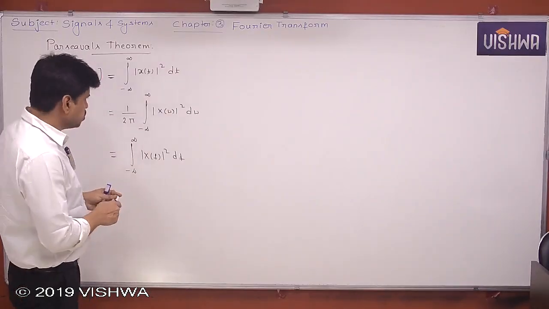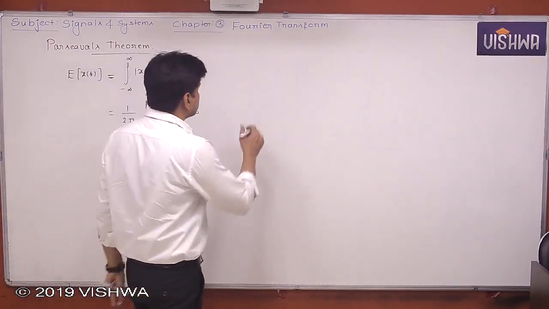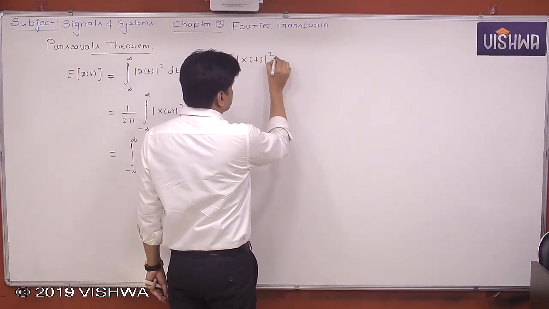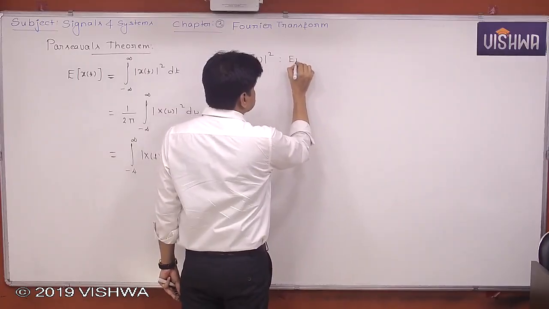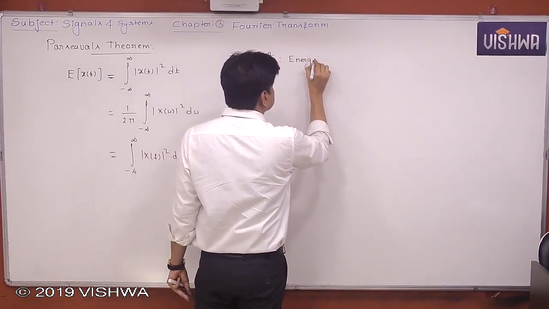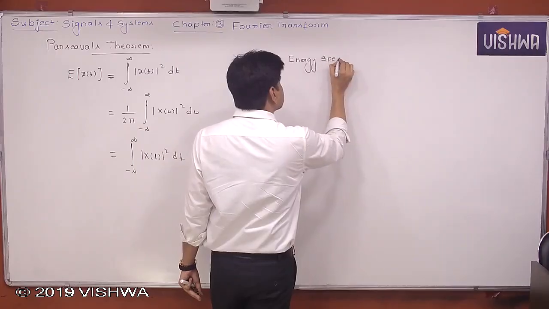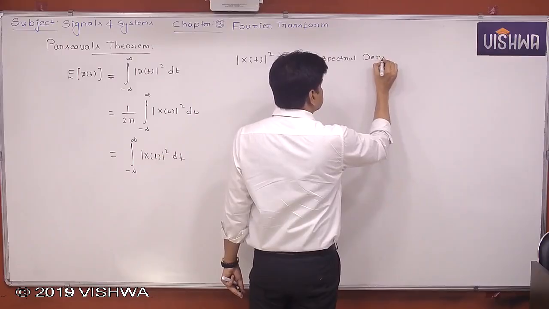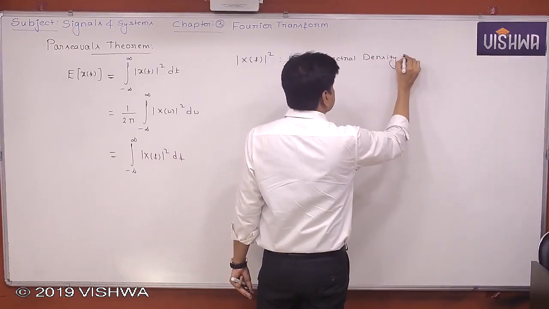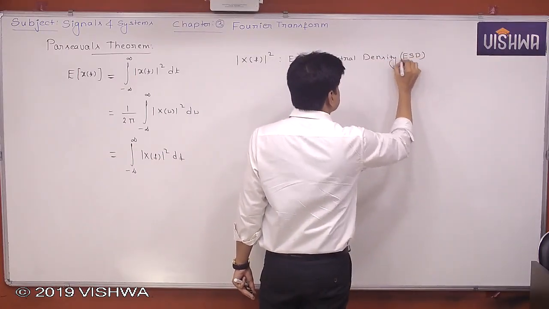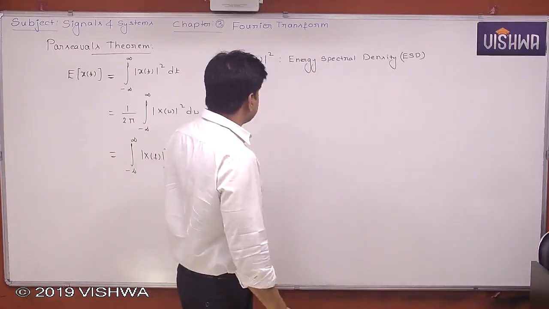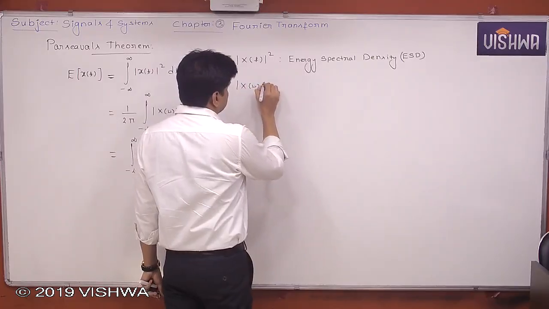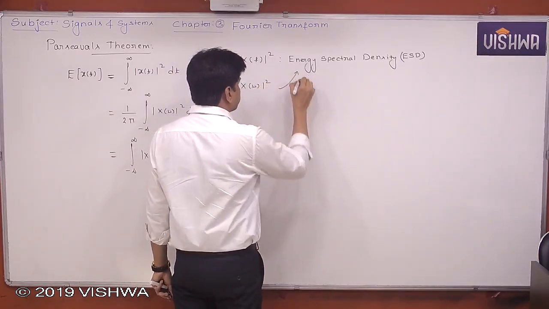So I hope you understood. Mod x of f whole square is called energy spectral density, ESD. Sometimes even mod x of omega whole square is also called energy spectral density.